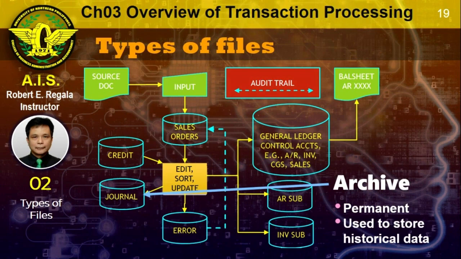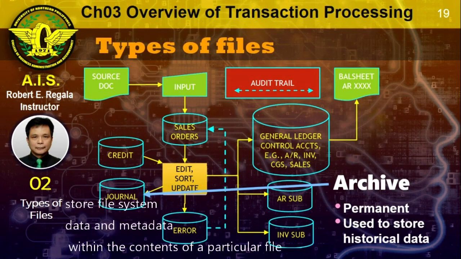Archive files often store directory structures, error detection and correction information, arbitrary comments, and sometimes use built-in encryption. In terms of portability, archive files are particularly useful in that they store file system data and metadata within the contents of a particular file.